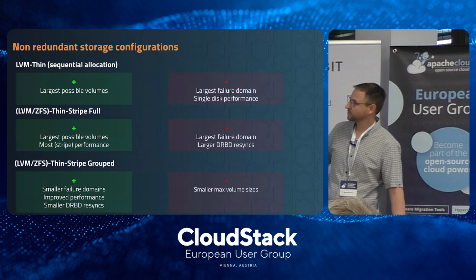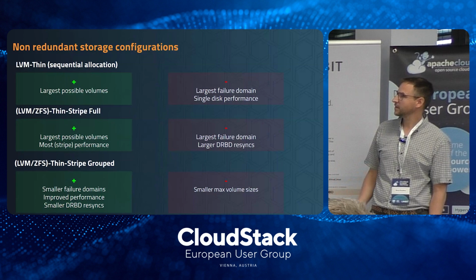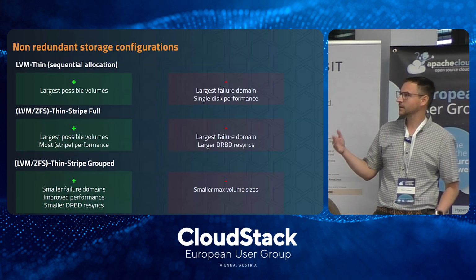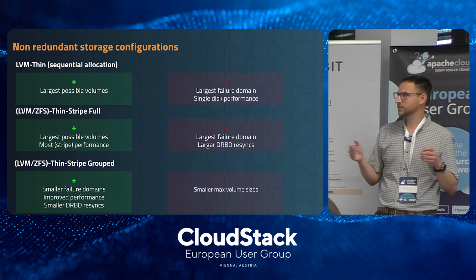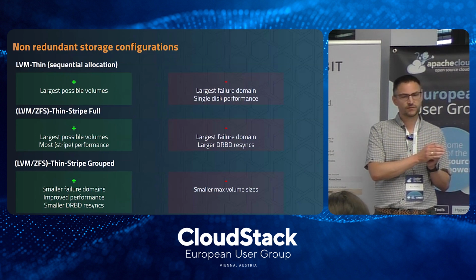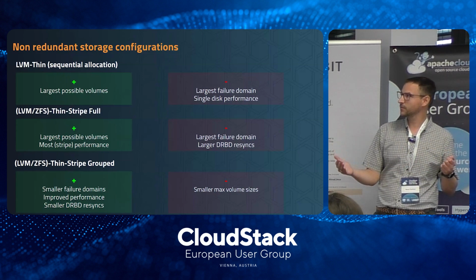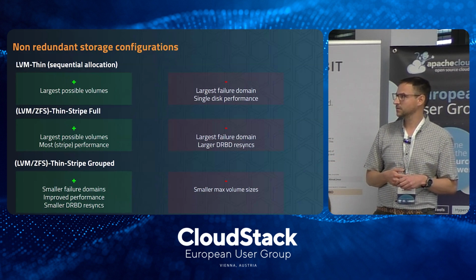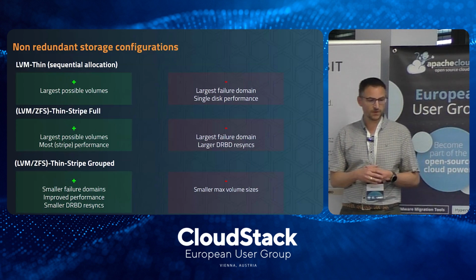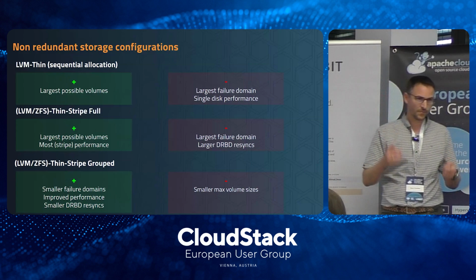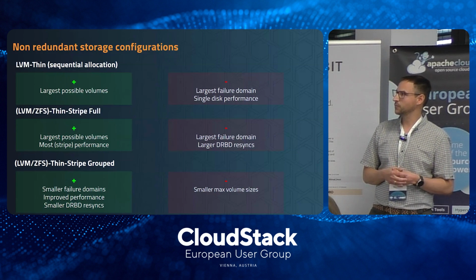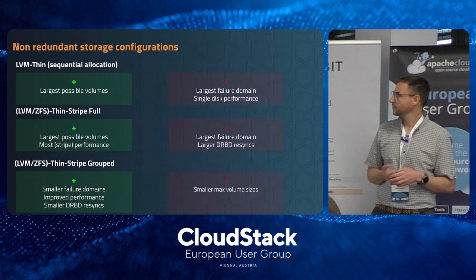So yeah, that's basically the pros and cons I thought of. So with LVM-Thin, you can have the largest possible volumes because you can have volumes as big as all of your drives. So if you have 5 drives with 3 terabytes, it's 15, then you could have a 15 terabyte volume, a big one if you want to.